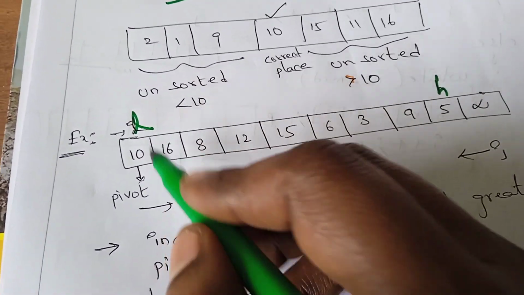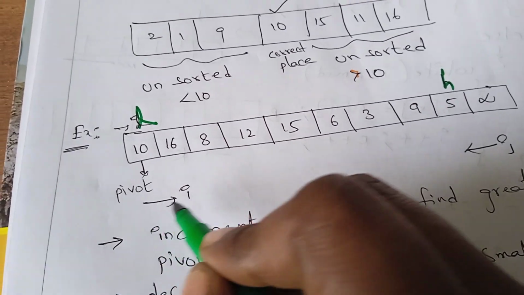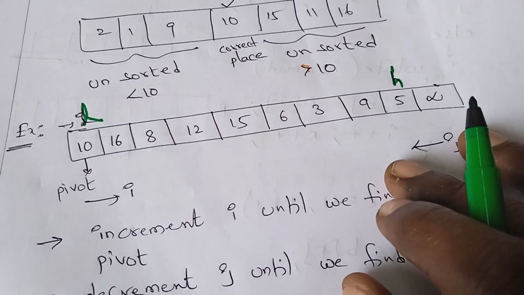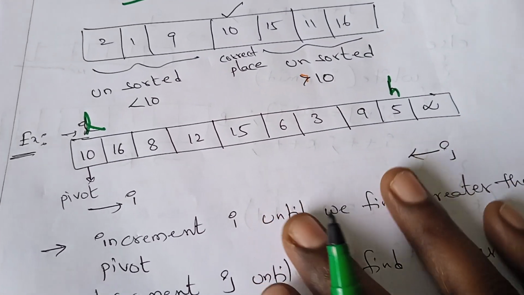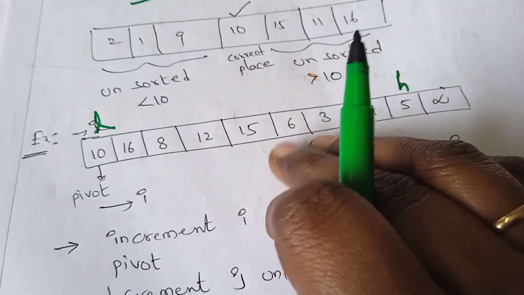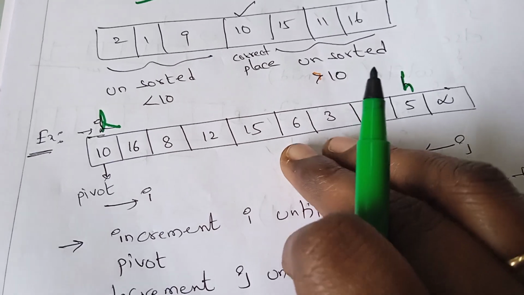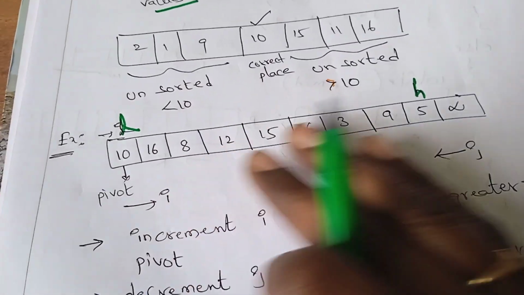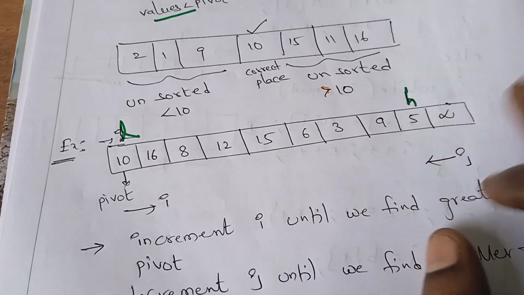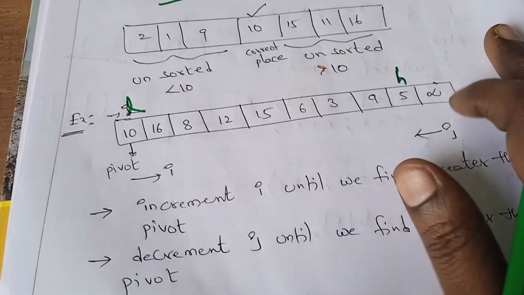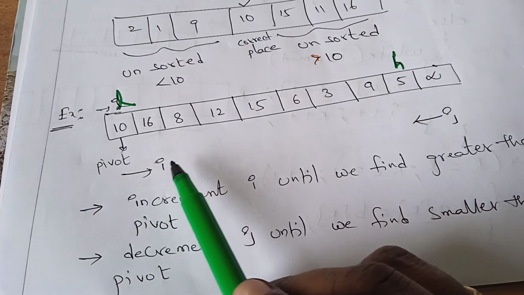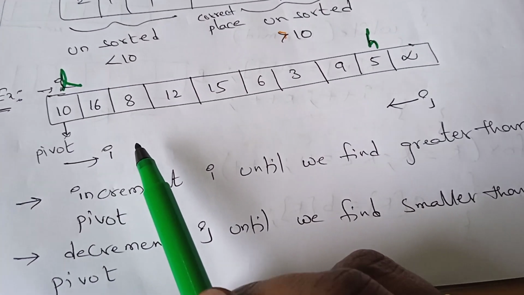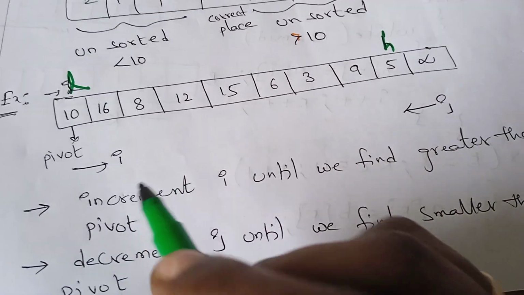This index I am calling I, and this side I am calling J. Once we choose the right place, the left of the pivot element should be lesser and the right of the pivot element should be greater. So we will increment I until we find an element greater than the pivot. Did you understand? Now let's see.